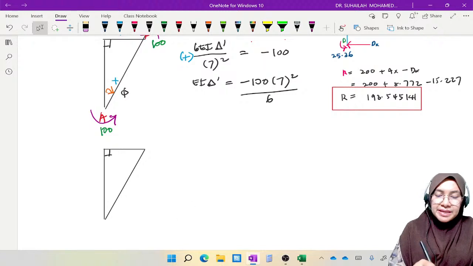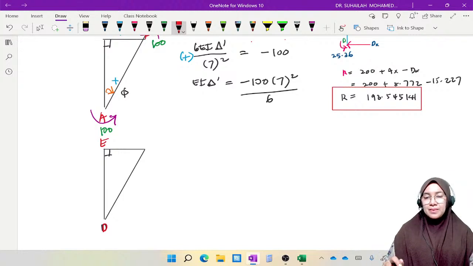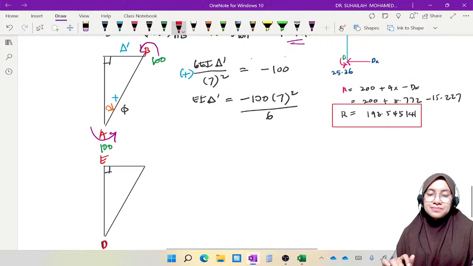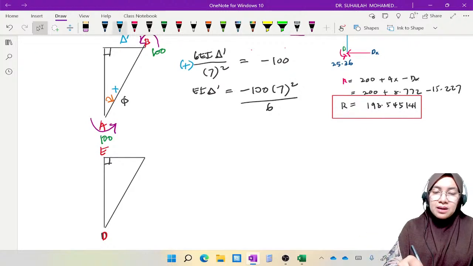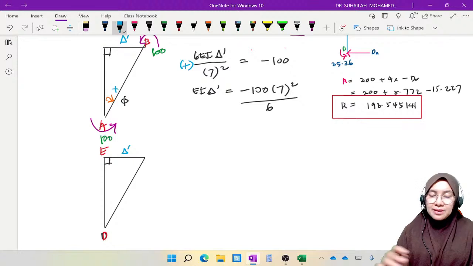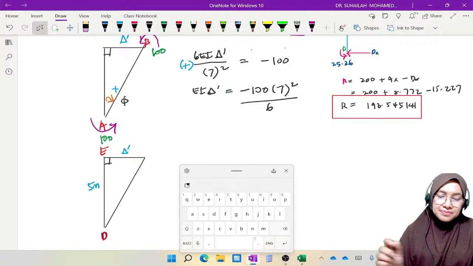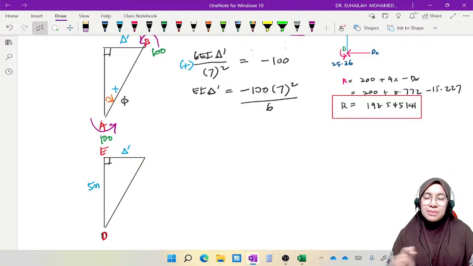So this is D and E, and the delta is horizontal. The length is 5 meters.